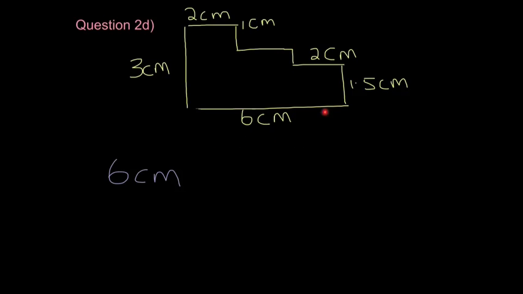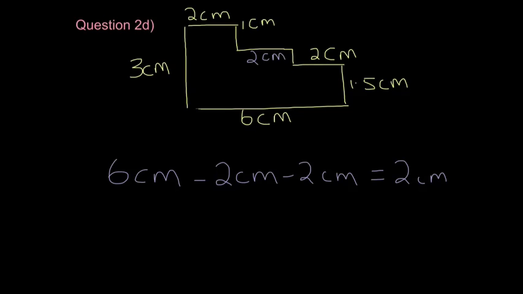So if there's 6 centimeters on this side, there has to be 6 centimeters on that side too. I'm going to take away those 2 centimeters from 6 centimeters. I'll end up with 2 centimeters. So that first missing side, this one right here, must be 2 centimeters.